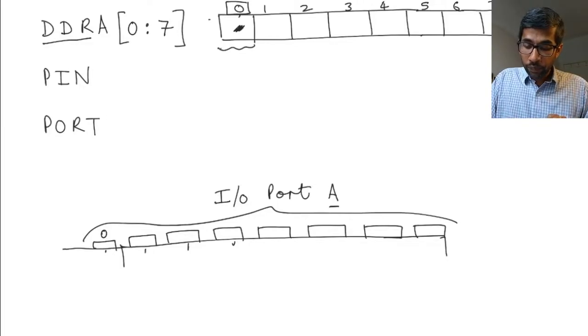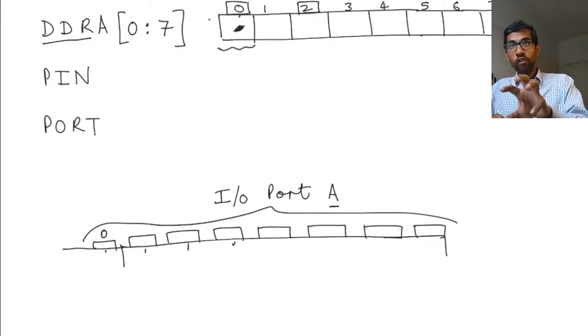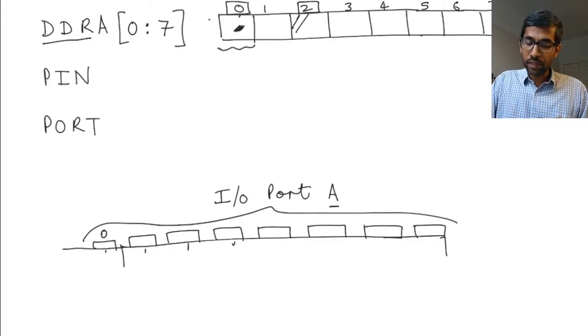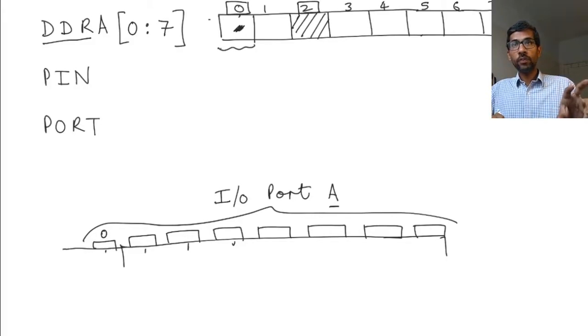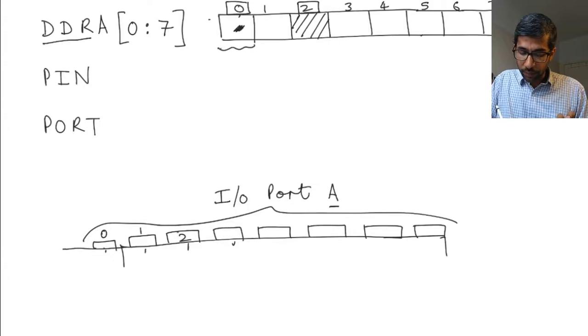Similarly, DDR-A2, which is this bit, controls which pin? It controls 0, 1, 2, the second pin, this pin, whether this pin is an input or an output.